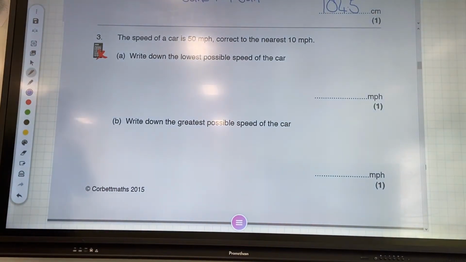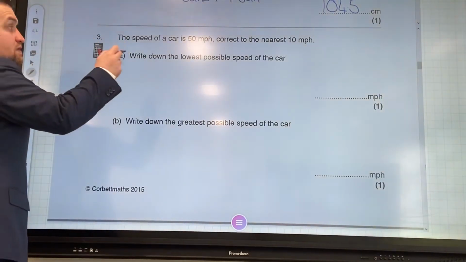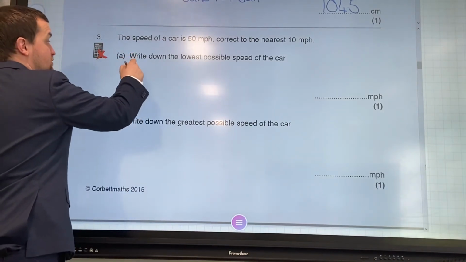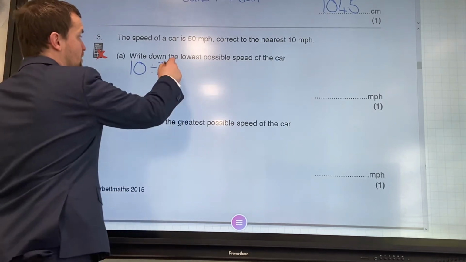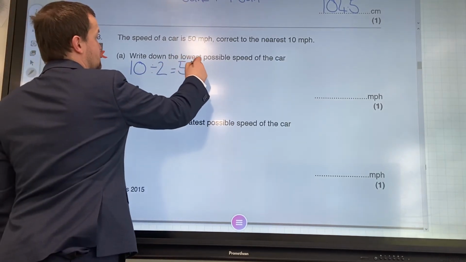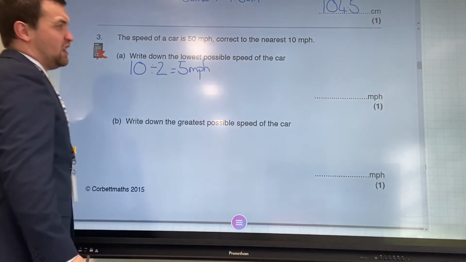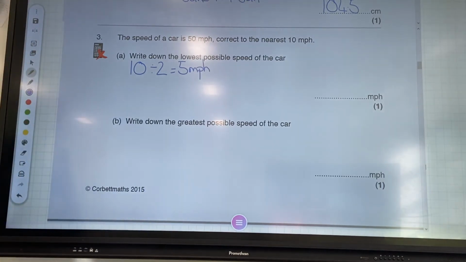So what's step 1 going to be? Remember, we need to take what it's been rounded to and half it. So 10 divided by 2, which is 5 miles per hour. Don't forget your units in all your working out, please. We've halved it.